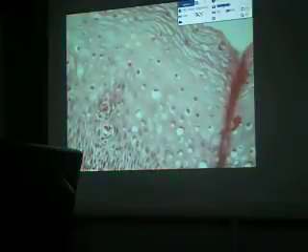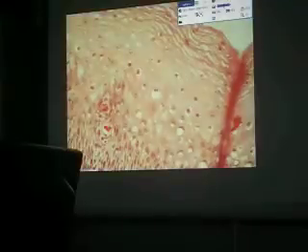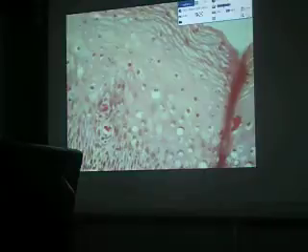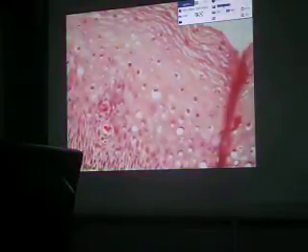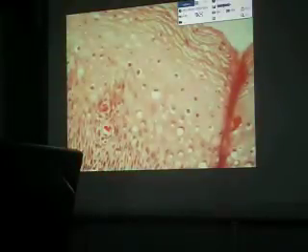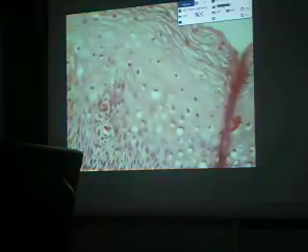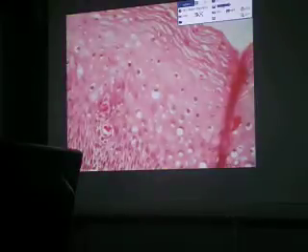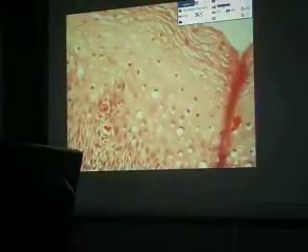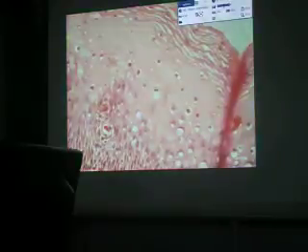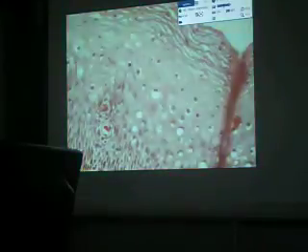Those 3 cells are still showing moderately enlarged nuclei with perinuclear halo or perinuclear clear area. How do you call that change? Koilocytosis. The development of koilocytosis is associated with what infection? A human papilloma virus infection. So that is evidence that that cervix is already infected with HPV.